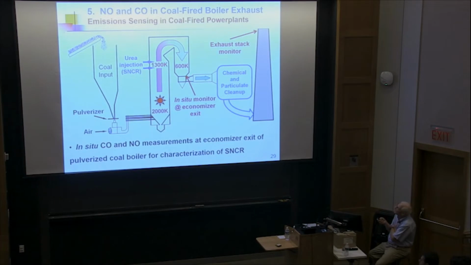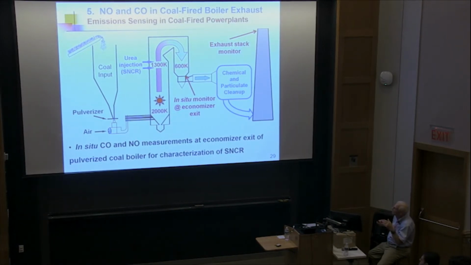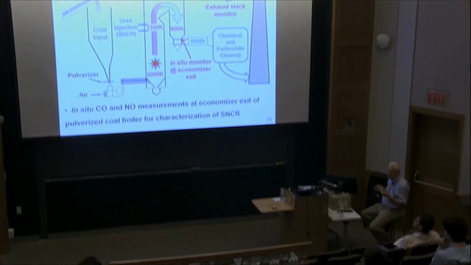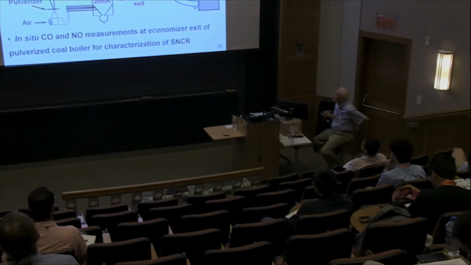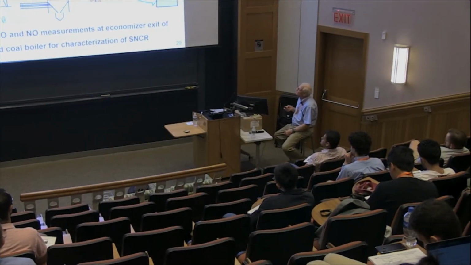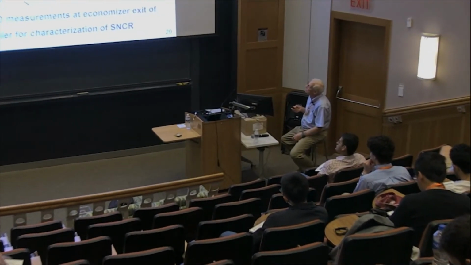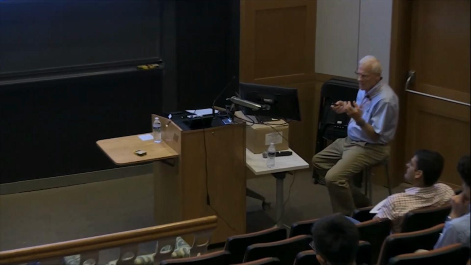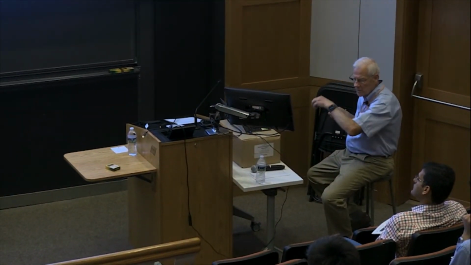So coal-fired power plant, they were especially interested in the CO and the NO emissions. So they burn coal, pulverize it, put it in, and they control the NO emissions with injection of urea. Urea is a compound that has NH2 in it, and the NH2 reacts to form OH.